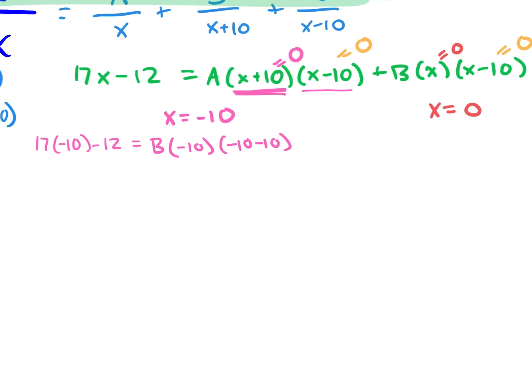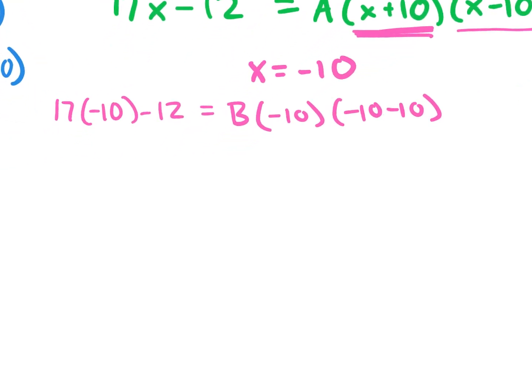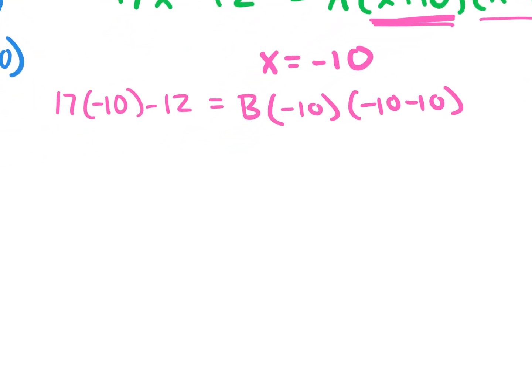So I'm only solving for b here. Just do the work. We have negative 170 minus 12 is equal to, this becomes negative 20 times negative 10, which is 200 times b. So negative 182 is equal to 200b.